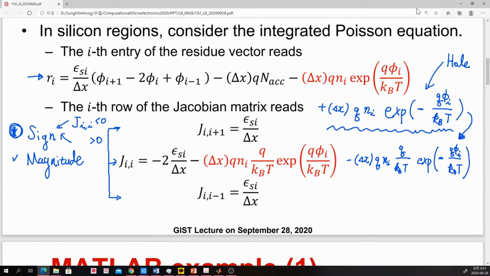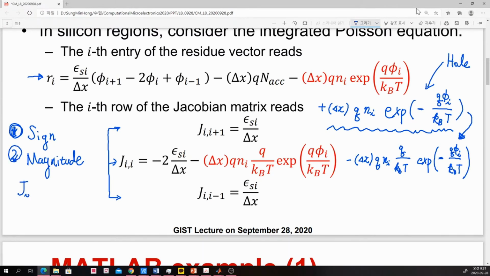So you understand. The second one is, under the assumption of this sign constraint, now we can think about this one: the absolute value of j sub I, I and the sum of all other non-diagonal components.